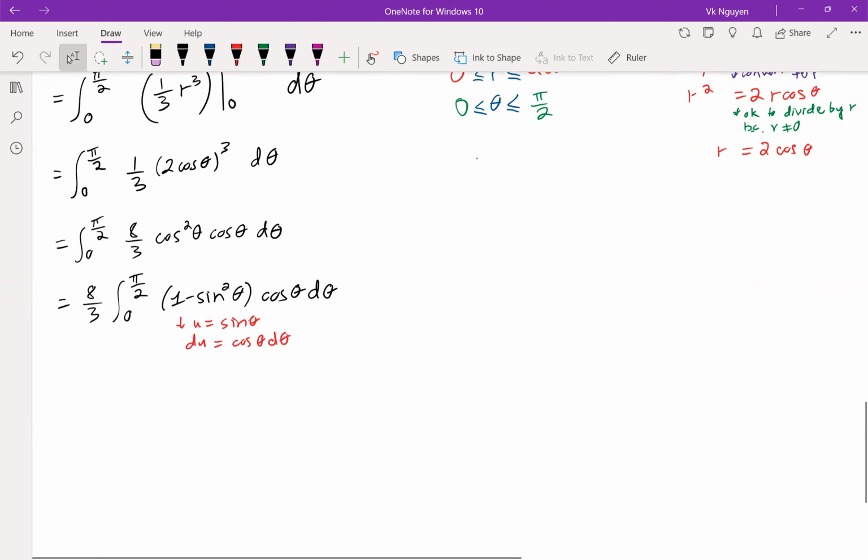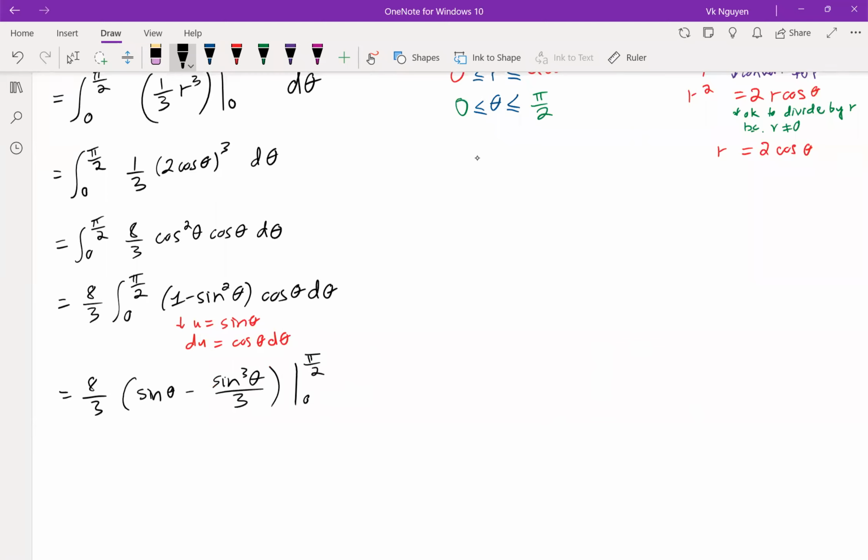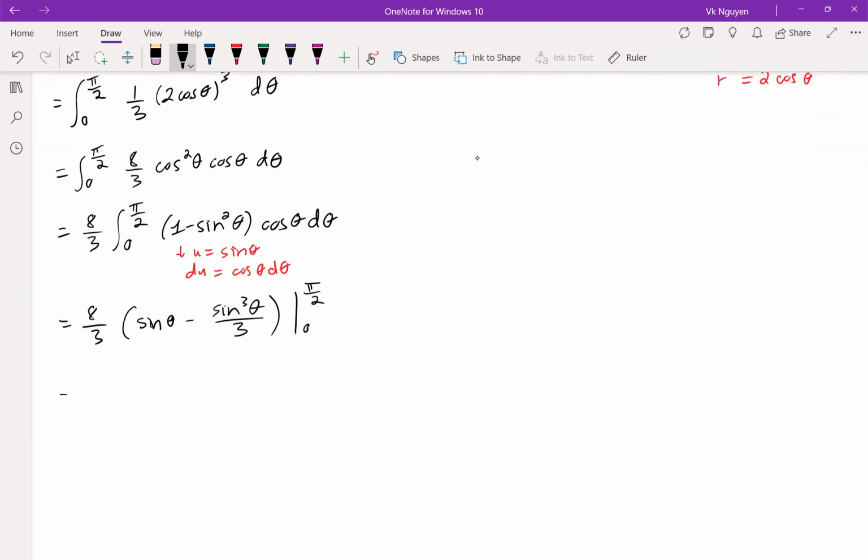Using the u sub, we have 8 over 3. The derivative of sine is cosine, so the antiderivative of 1 is sine theta, and the antiderivative of u squared is sine cubed over 3, from 0 to pi over 2. Almost done. Sine 0 is 0, how nice.